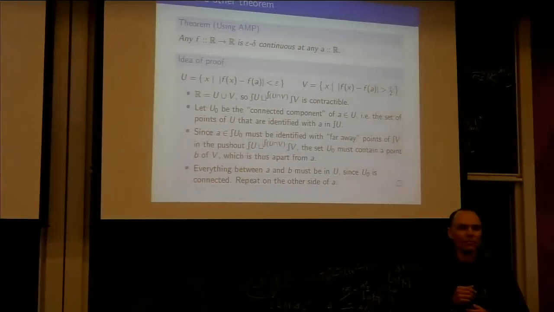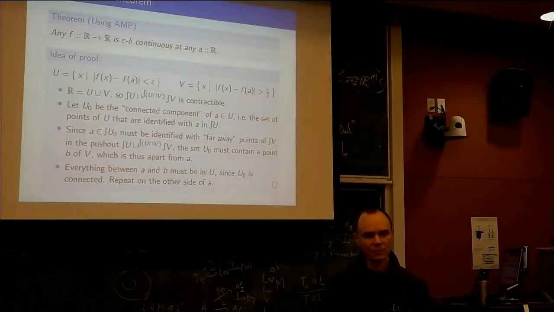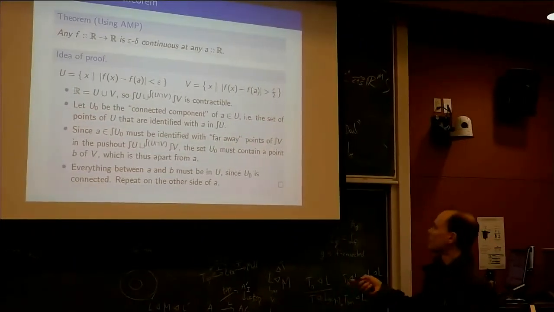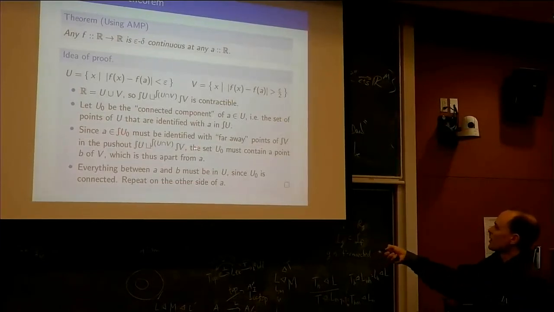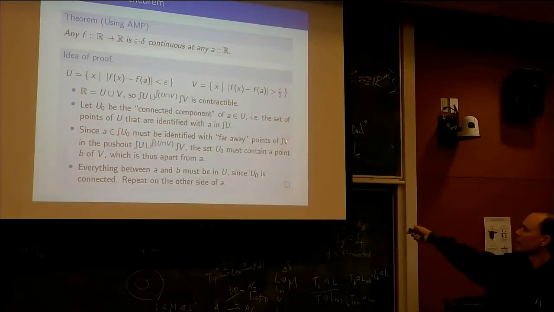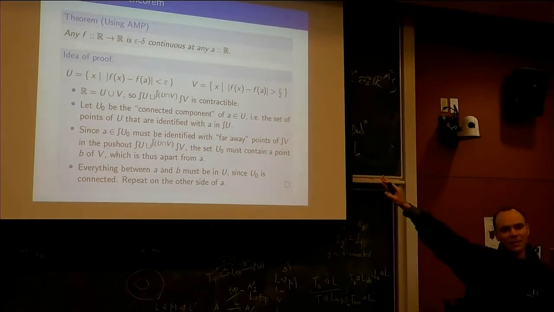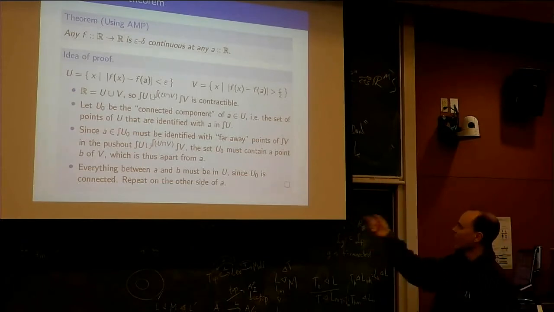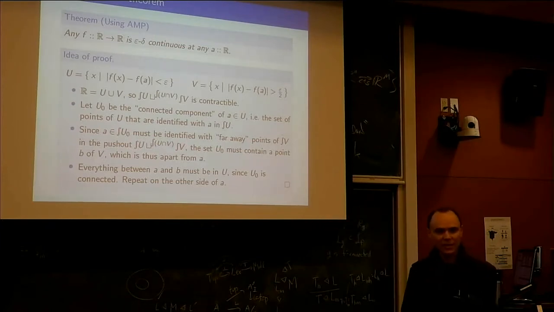Could you say again how you concluded that B must be far away, or must be inhabited? Let's see. So there must be some point in here. I can modify F to make sure that there's some point in V, very far away. Okay, yeah. But then I have A, which lives in here, and I have this other point in V. But this push out is contractible. Because then V might be empty. No, V can't be empty.